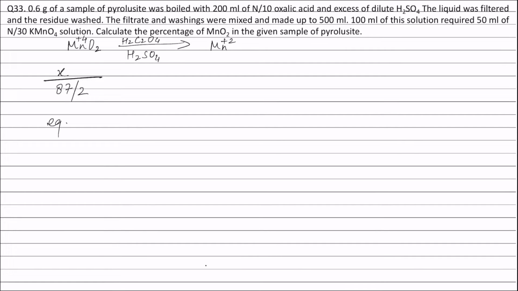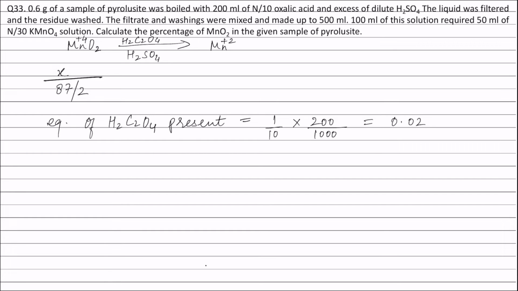Now, equivalence of oxalic acid present is equal to the normality of oxalic acid, that is 1/10, into the volume of oxalic acid in liters, that is 200/1000 liters, and this is equal to 0.02 equivalents.